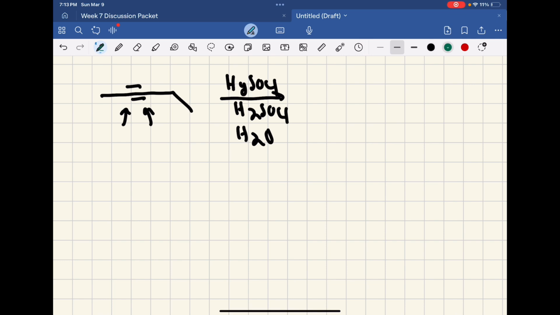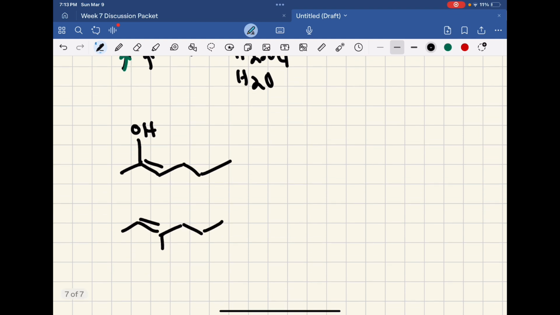So for instance, if I considered this green arrow and drew that enol, let's number the parent chain here: 1, 2, 3, 4, 5. Let me fill in the double bond. I could put the enol here versus the enol there. And both enols will readily tautomerize to the ketone.